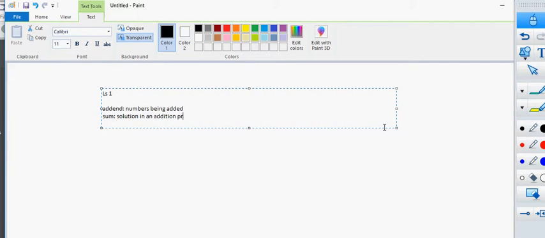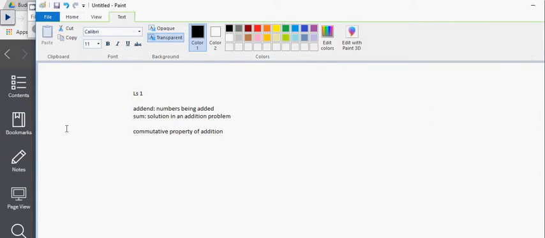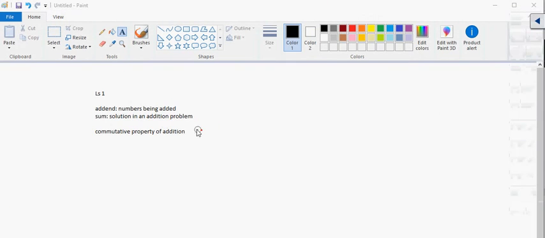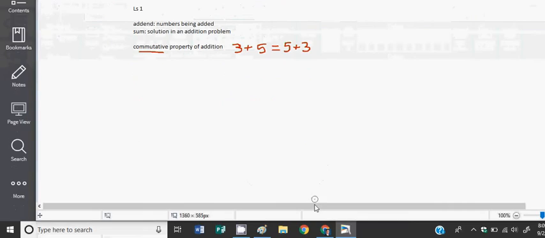So you could put those terms down. But the big one I really want to make sure you get is commutative property of addition. And if you don't want to write a definition, the definition being that add-ins can be rearranged in an addition problem to the same result, perhaps you just use an example to show like they had. So next to that then, you could just show 3 plus 5 is the same thing or equal to 5 plus 3 in your notes, okay? And you've got this figured out, okay?